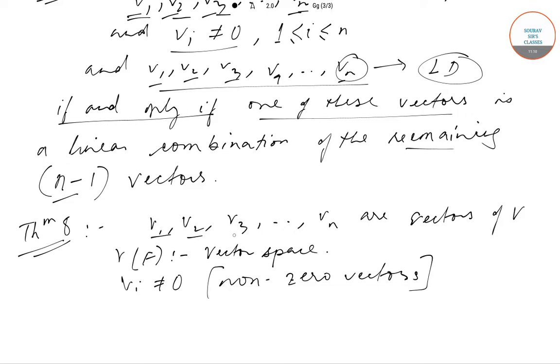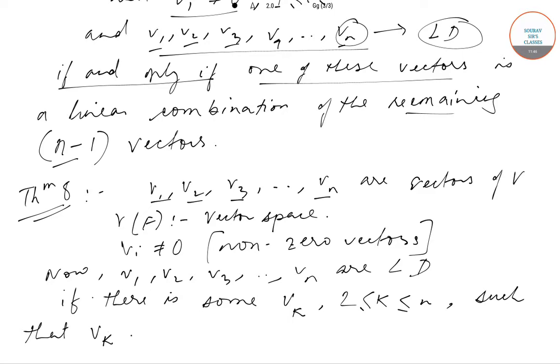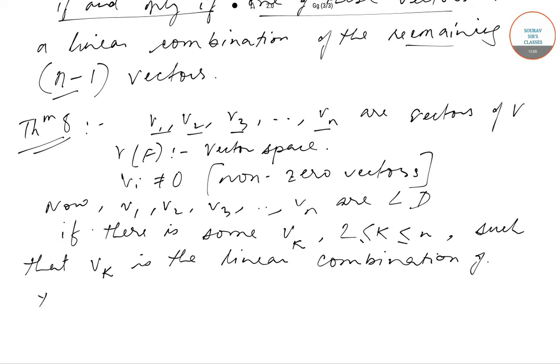Now V1, V2, V3 up till Vn are linearly dependent if there is some Vk where k lies between 2 to n such that Vk is the linear combination of the preceding vectors, which are V1, V2, V3, and it goes up till Vk minus 1.